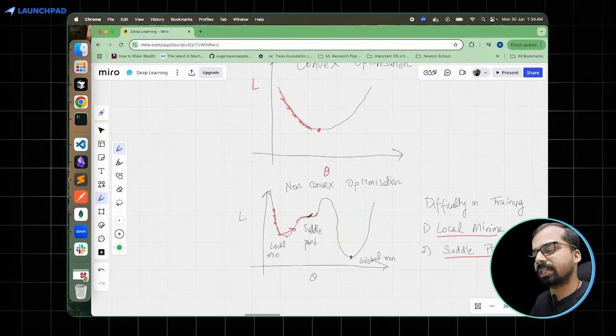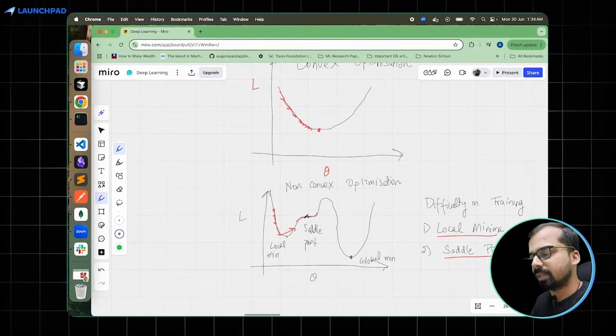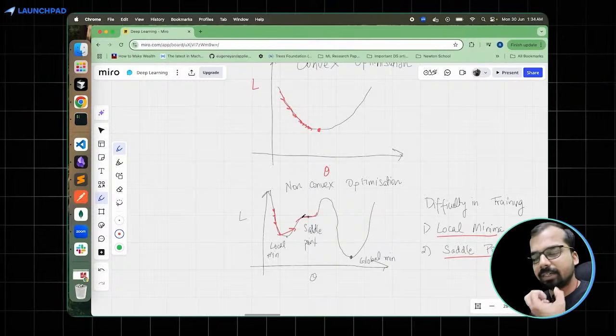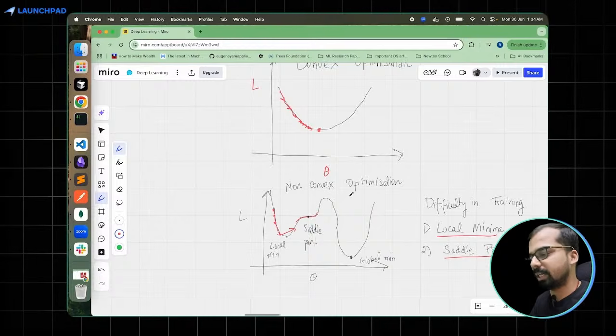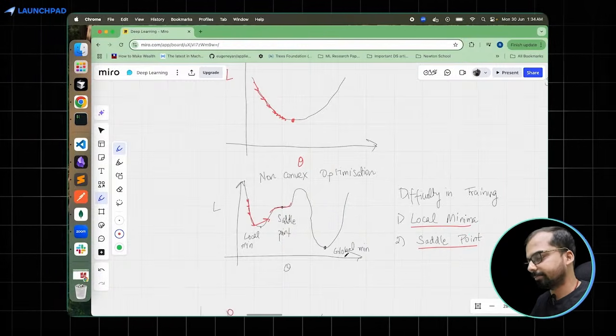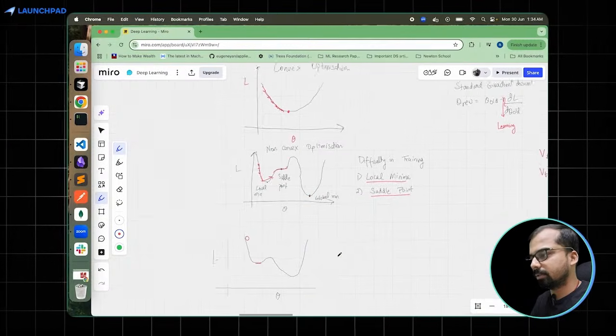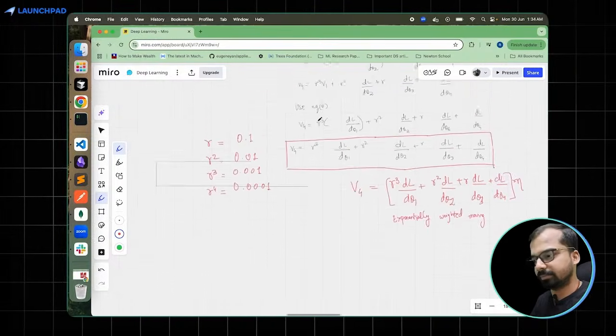Same thing will happen for a saddle point. Even though here the slope is 0, because I had some past accumulated gradients, I will overshoot this part also, and thereby there is a much higher chance that I will reach the global minima, right? So this is what SGD with momentum helps us in doing.